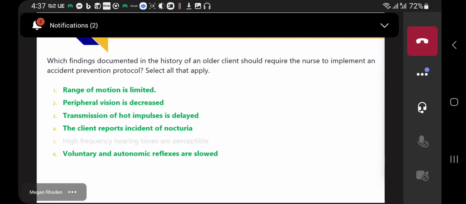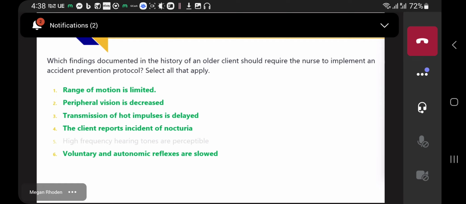Nocturia can increase as age increases, and this could lead to potential accidents. And number 6, voluntary and autonomic reflexes are slowed. Nervous system changes include slowed voluntary and autonomic reflexes, and changes may include nocturia.